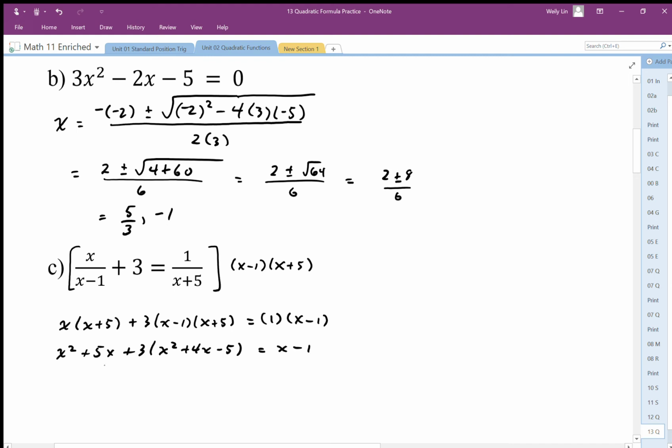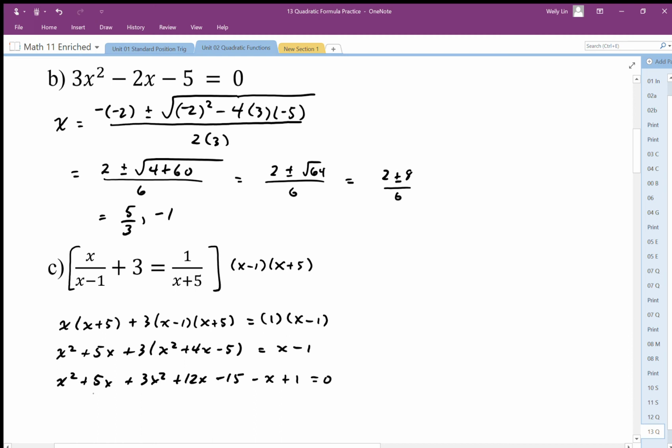Okay, so then we end up with x squared plus 5x plus 3x squared plus 12x minus 15 equals x minus 1. Okay, actually I'm going to move this over, so I'm going to make this negative x plus 1.